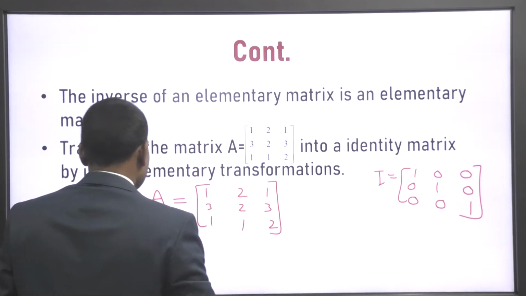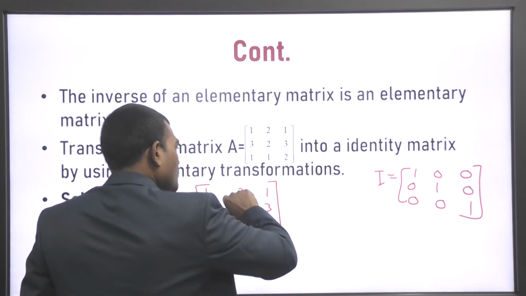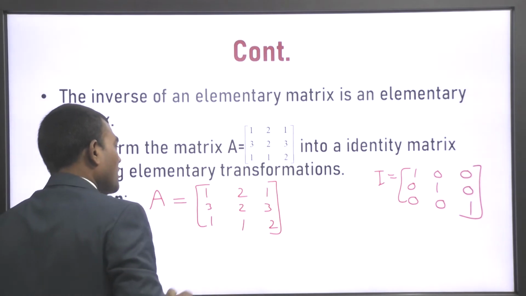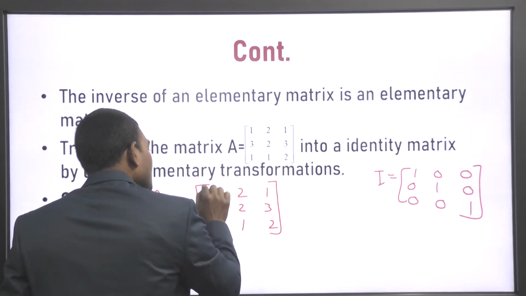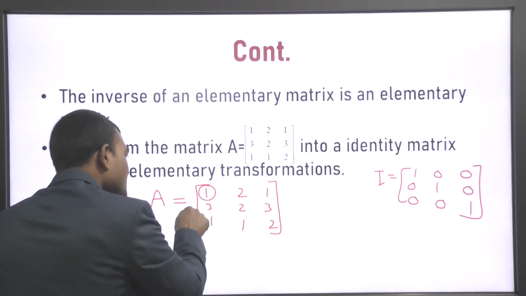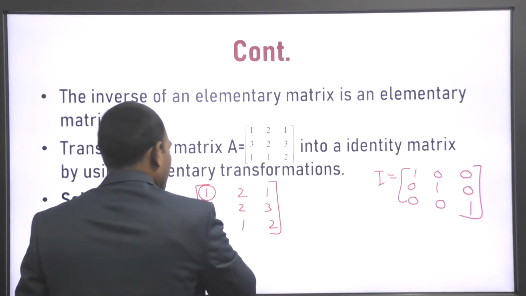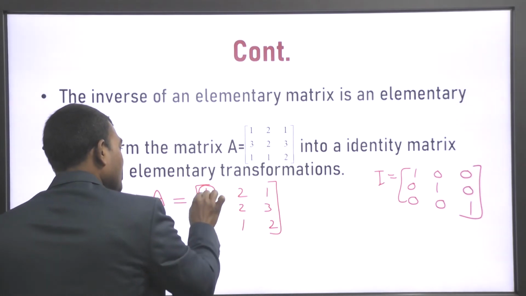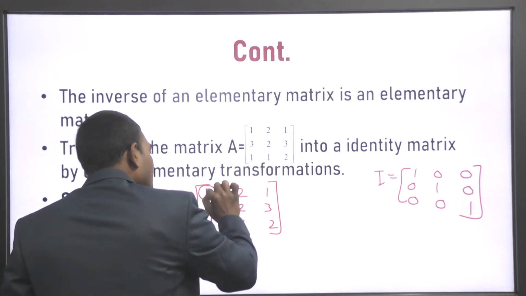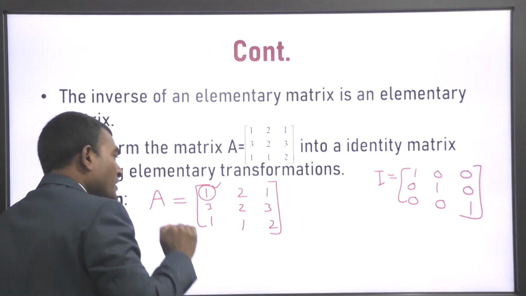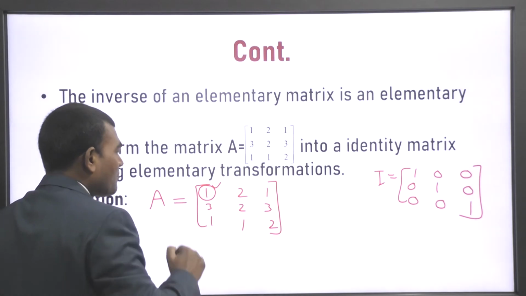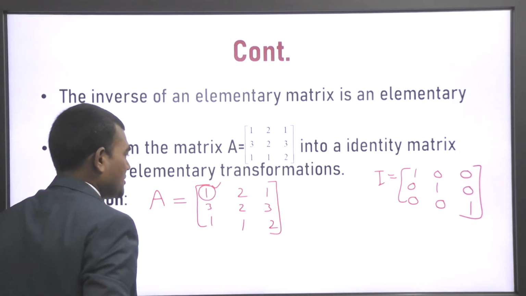Whenever you are given a problem of this type, we have to make the first row first column element 1. If it is not 1, then we will make it 1 by an elementary transformation, but here it is already 1, so this is correct. Now with the help of this element we will make the other elements of the same column 0 by applying elementary row transformations.